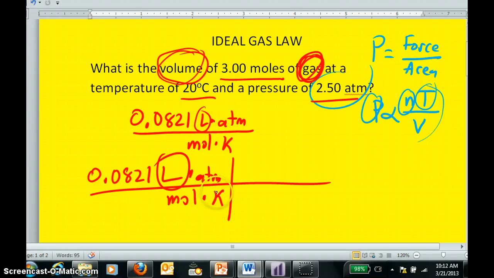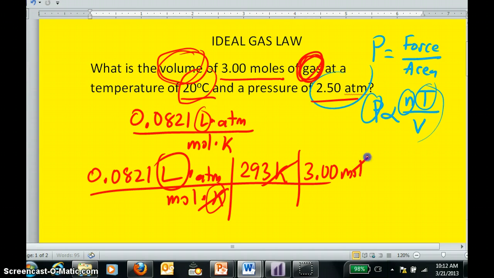Well, the only thing that cancels a temperature is a temperature. And so, of course, it has to be in kelvins, because only kelvins would cancel kelvins. The only thing that cancels moles would be moles. And I'm given 3 moles of gas. So moles would cancel moles. And the only thing that cancels a pressure would be a pressure.